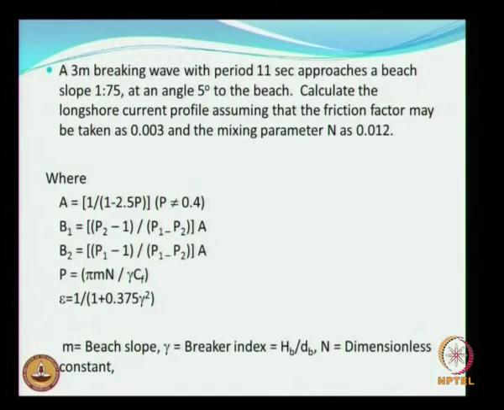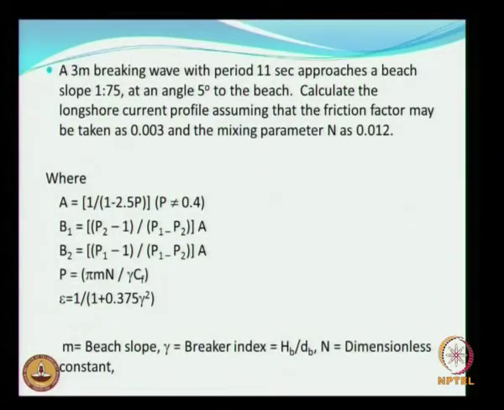If it is not so clear, please look into the lecture material and also the file which is available to you, that is the PDF files, so that things are more clear. Here a 3 meter breaking wave with a wave period of about 11 seconds approaches a beach.